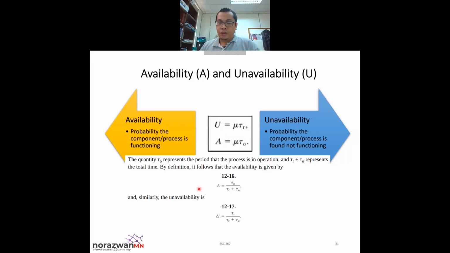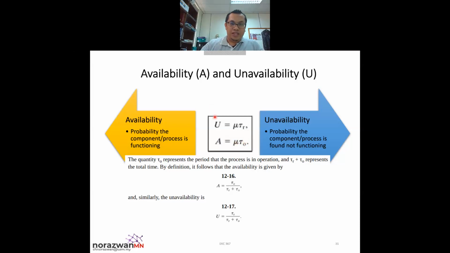Remember the question earlier, where they asked about reliability and unreliability. The question can also ask about availability and unavailability, so don't mix up all these terms. The equation is: availability A is equal to mu times tau naught, because availability is related to functioning, so you have your tau naught during operation.